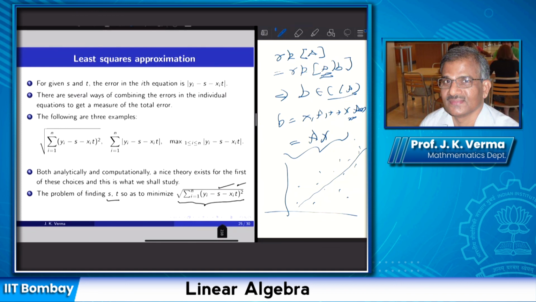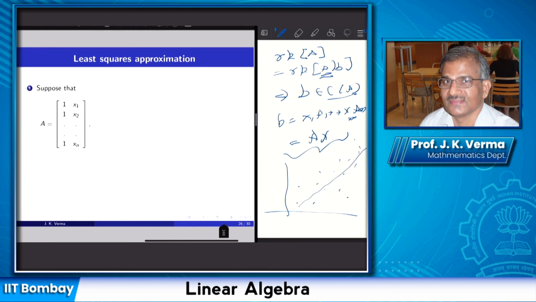But let us now show that there is a linear algebra method which will find the s and t so that these errors are minimized. Find the straight line so that these errors are minimized. That is called the least square problem.